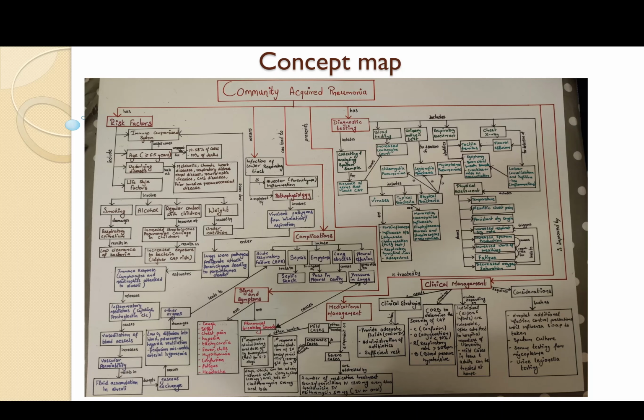Under the clinical management, we can see clinical strategies and the considerations we need to pay attention to when we're dealing with patients with community-acquired pneumonia. So this is the community-acquired pneumonia concept map.